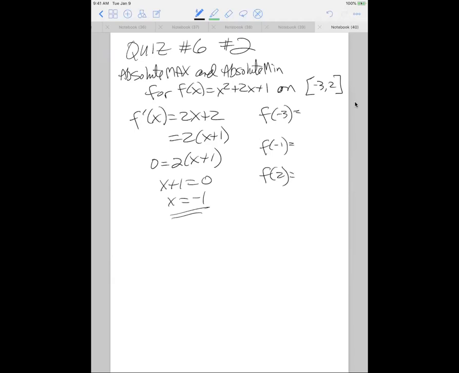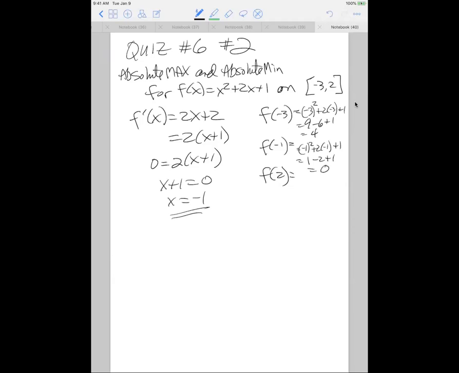So we end up with -3 squared plus 2 times -3 plus 1: 9 minus 6 plus 1, 10 minus 6 equals 4. Then we've got f of -1: -1 squared plus 2 times -1 plus 1, which is 1 minus 2 plus 1, which is 0.